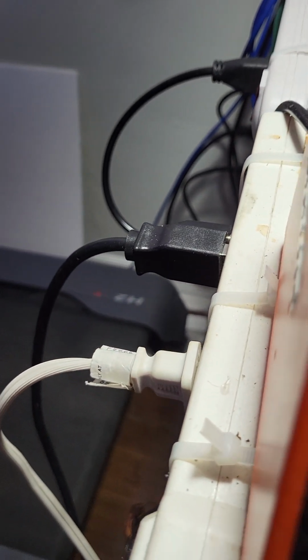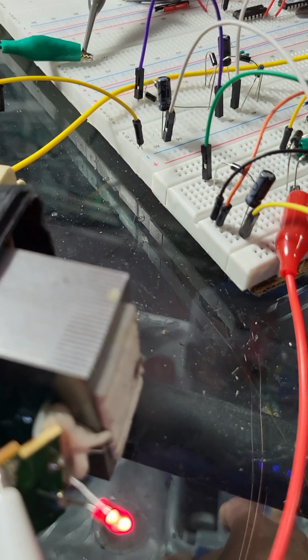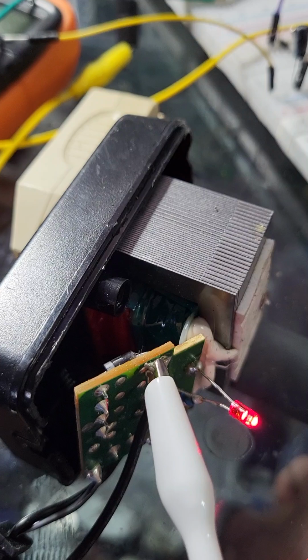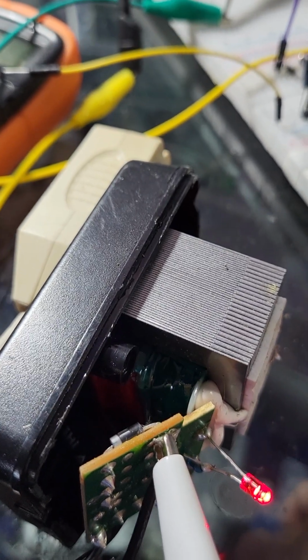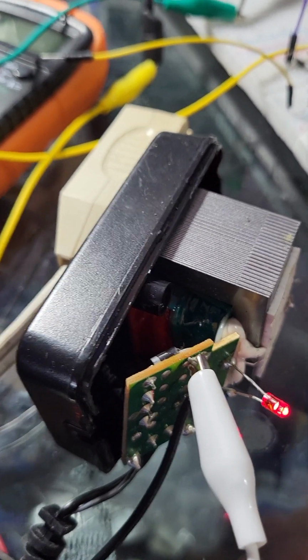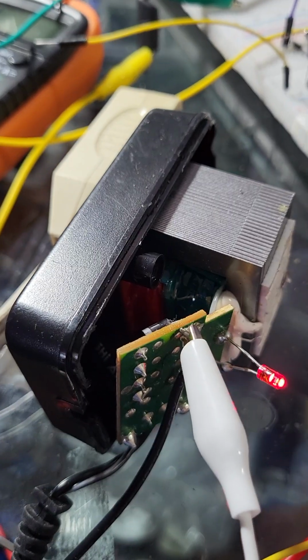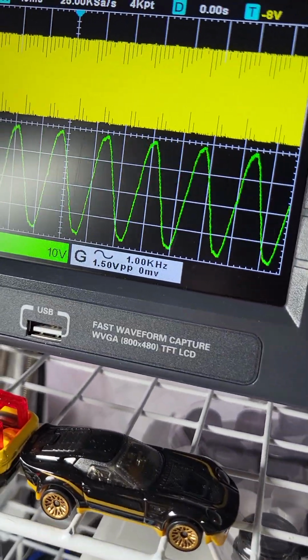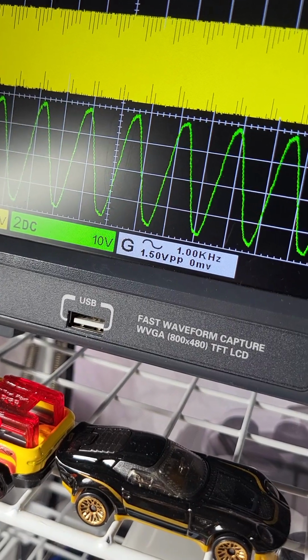Our standard frequency is 50 to 60 hertz depending on the country. Very usual is 60 hertz, meaning 60 cycles per second.